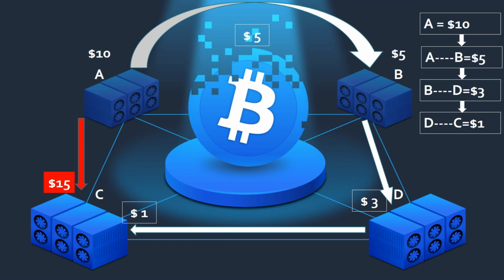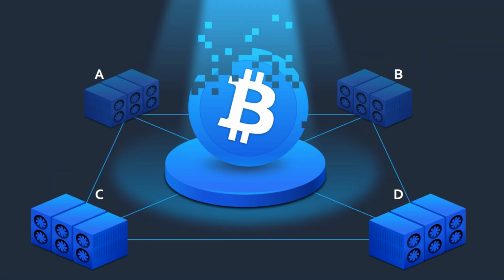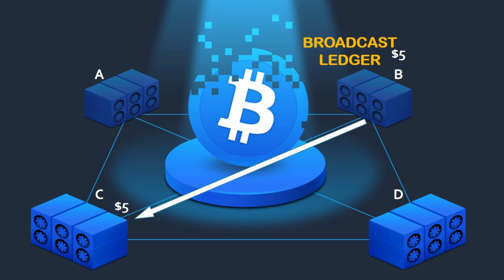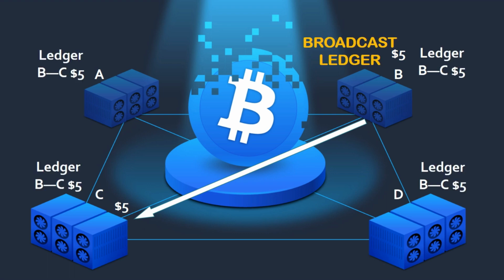Now we need to understand how all these nodes get synchronized so that all nodes get the same copy of the ledger. Let's have another example. If B wants to move his $5 to C, B is going to publish and broadcast this transaction to the network, and all the nodes in the network see it.